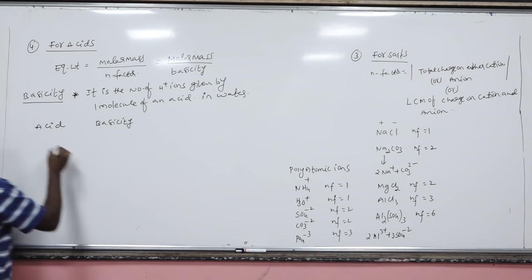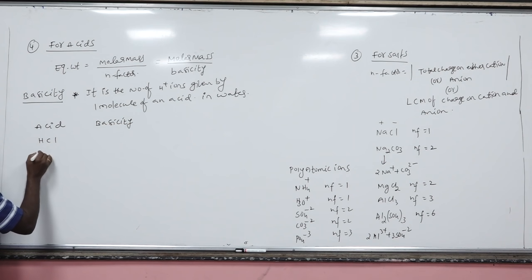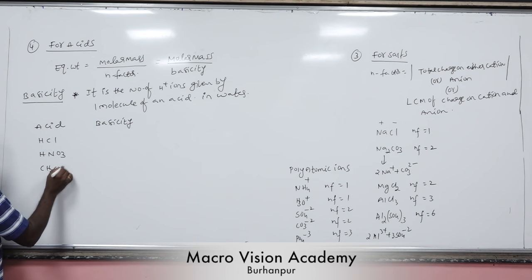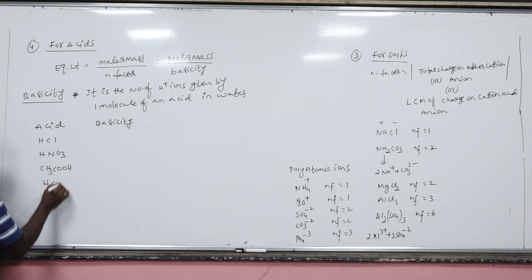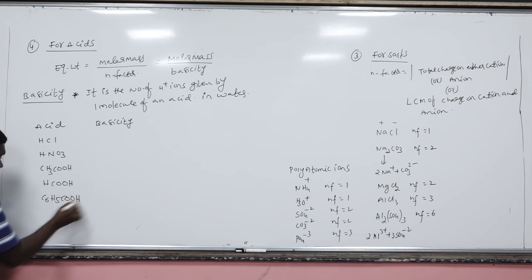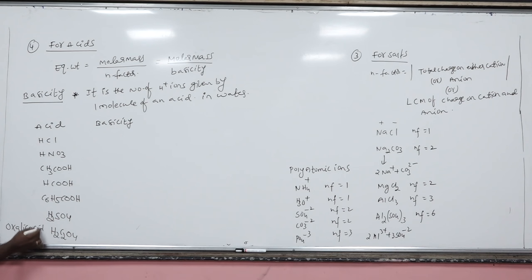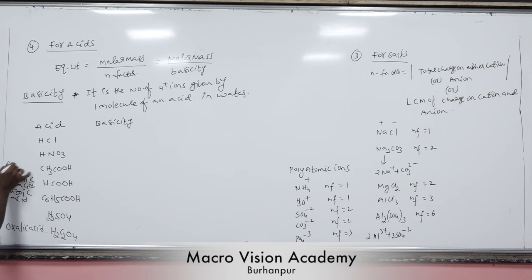Let's suppose I have different acids: hydrochloric acid, nitric acid, acetic acid, formic acid, benzoic acid, sulfuric acid, this is oxalic acid, this is benzoic acid, organic acid, formic acid, acetic acid.